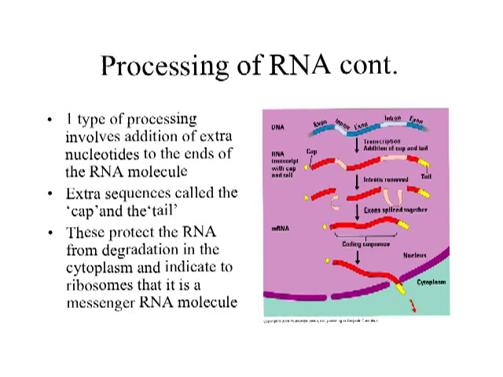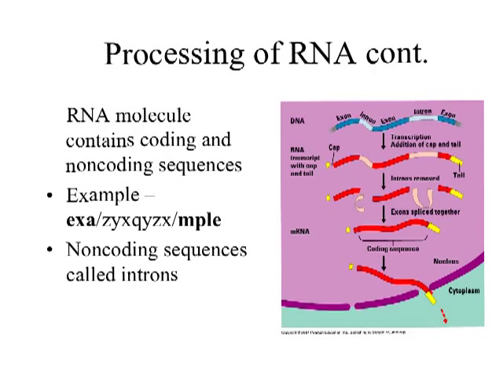And those caps and tails also are going to indicate to ribosomes that, hey, this is a messenger RNA molecule that needs to get translated into a protein. So they're also an indication that, hey, here's some instruction manuals coming, so you ribosomes can start making some proteins.